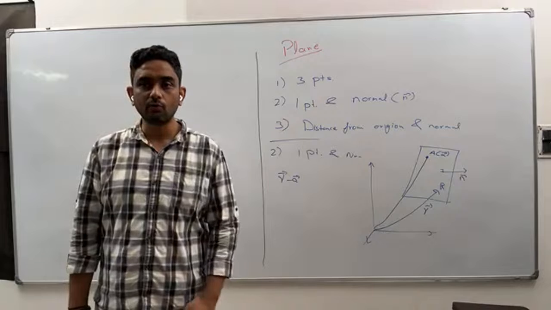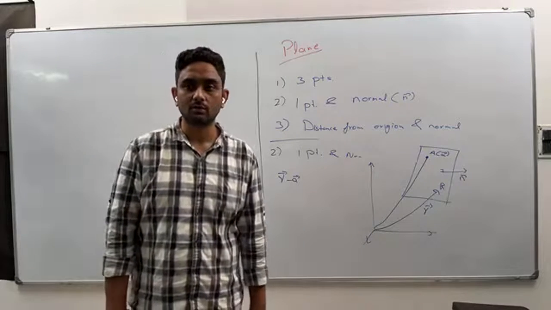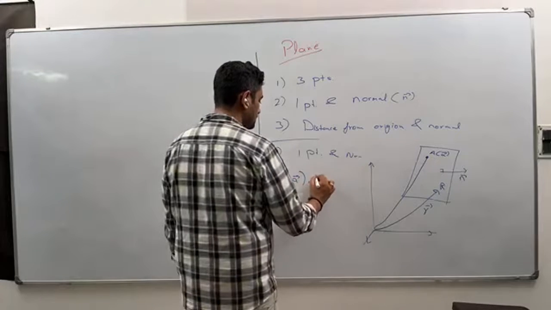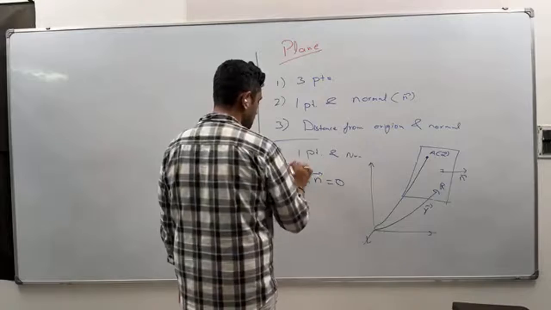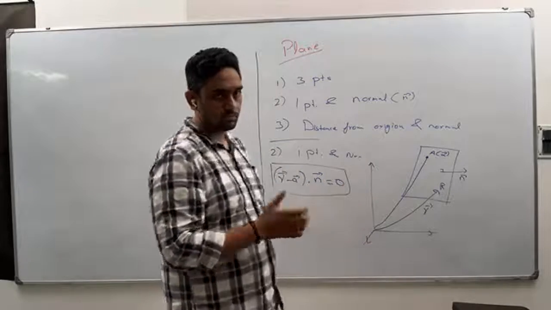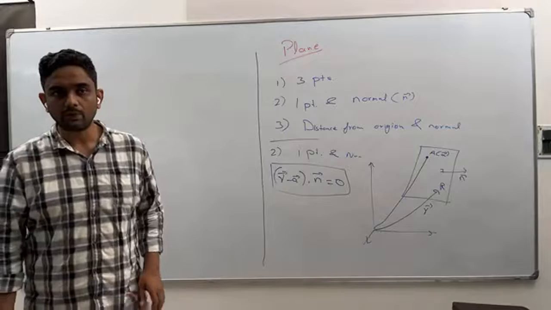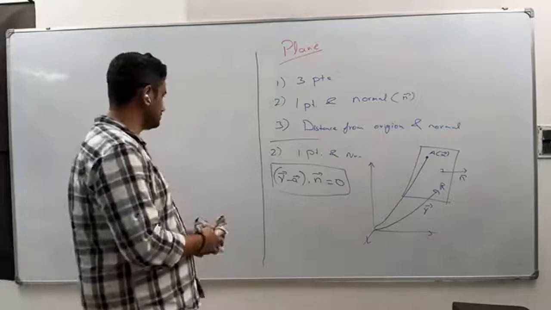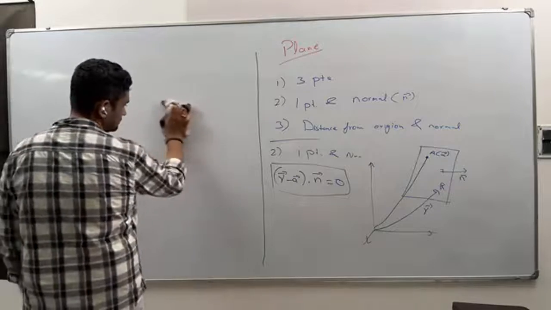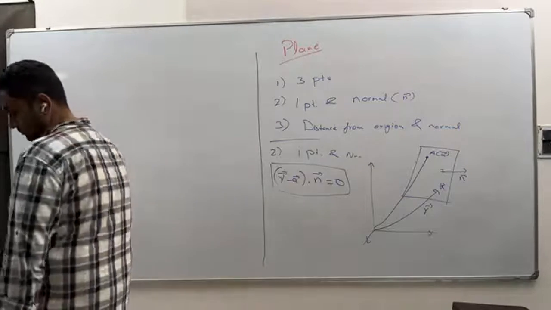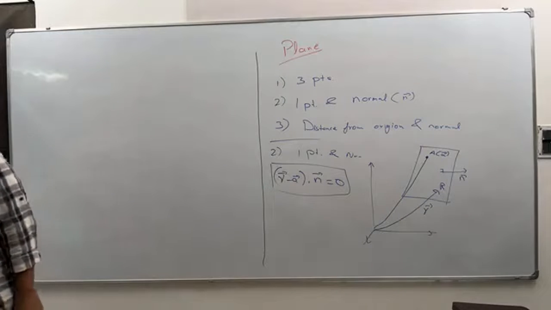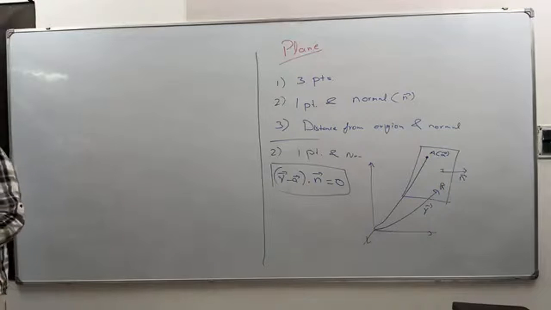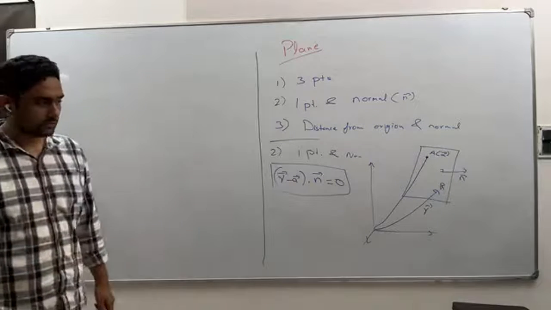Now, if you take dot of two perpendicular vectors, it is 0. So I'll take its dot with the normal, and this is equal to 0, and this is the equation of a plane.